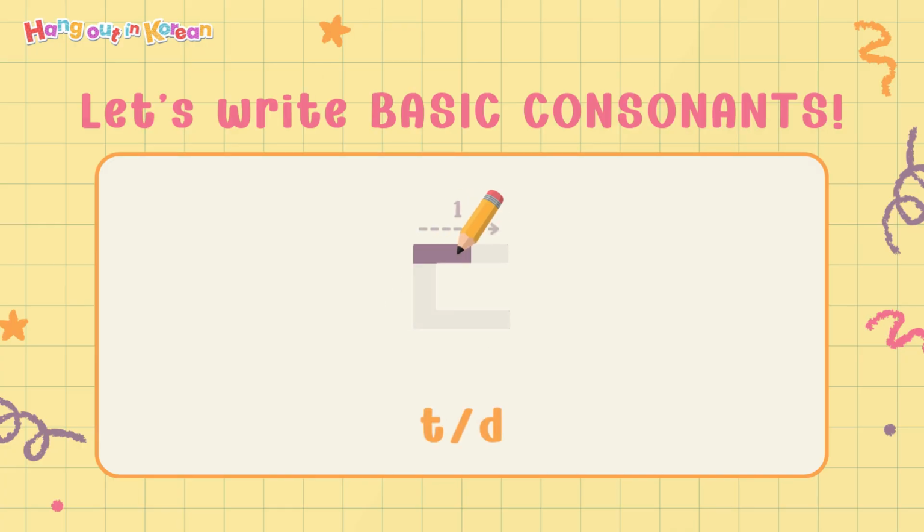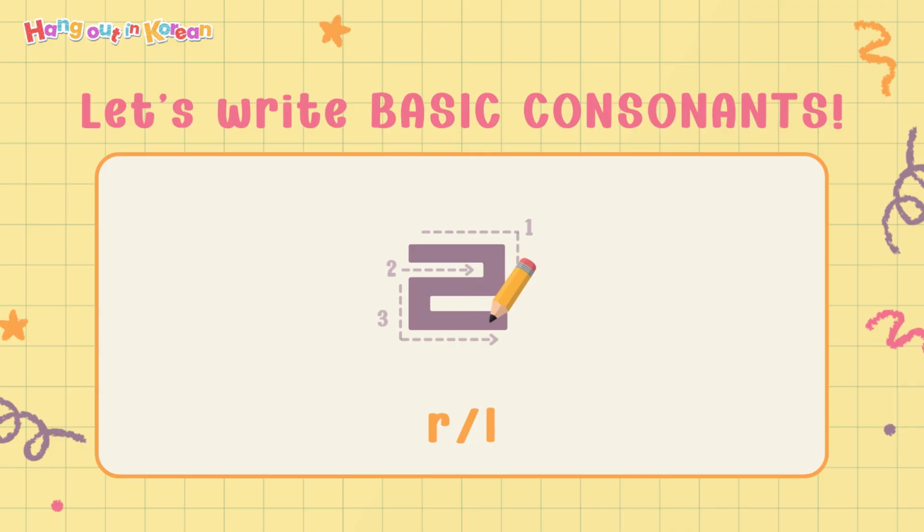Digeut. Top line, then down the left, then across the bottom. Rieul. Top line, down, small middle line, down again, then bottom line. Keep the corners sharp.